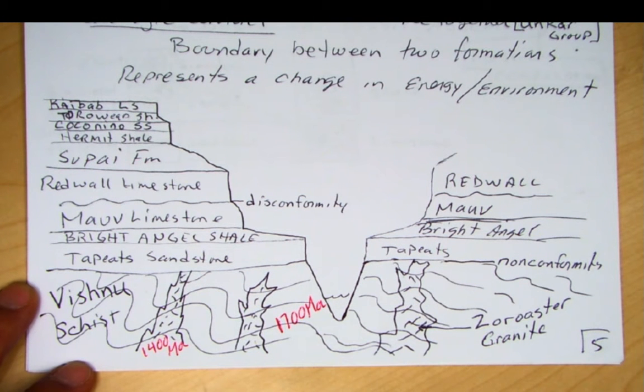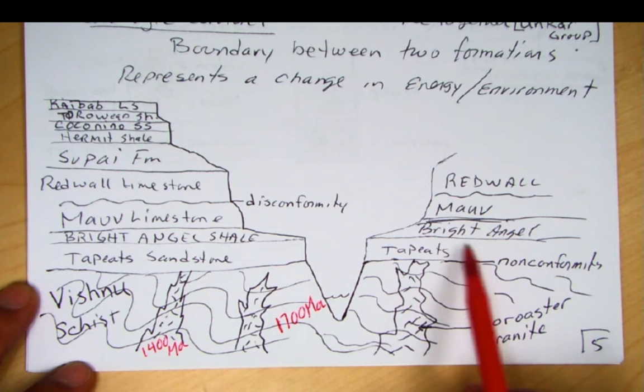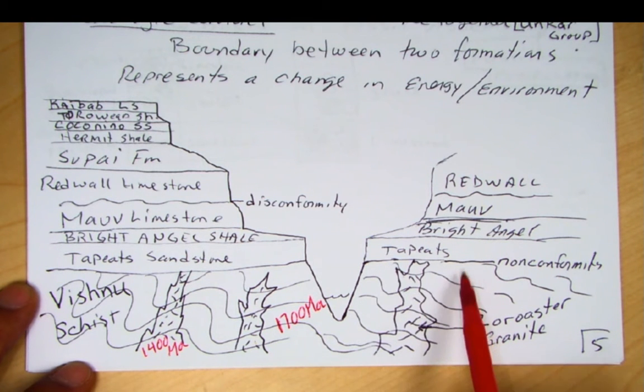And then we have this major nonconformity right here, the contact between the Grand Canyon group, these younger rocks which are flat-lying, and these rocks that formed at depth through metamorphism and plutonism. And so that's the nonconformity.